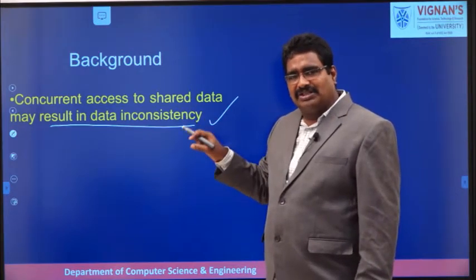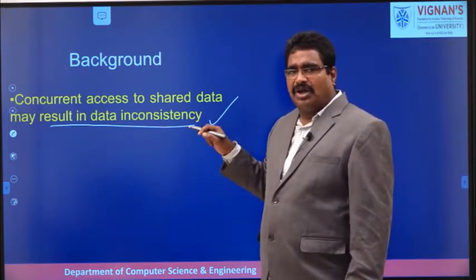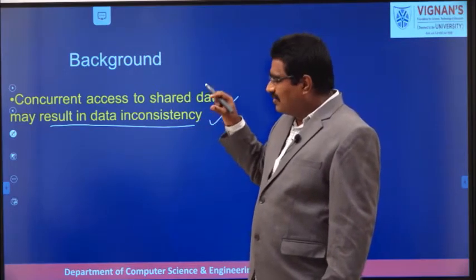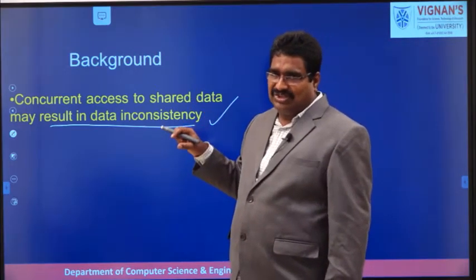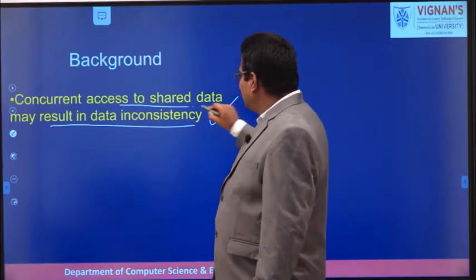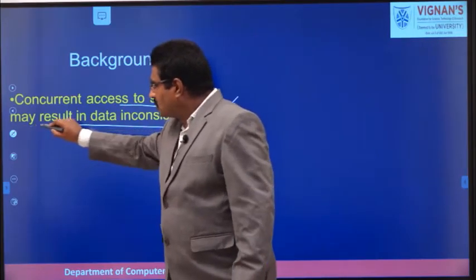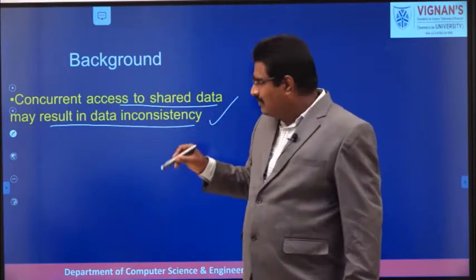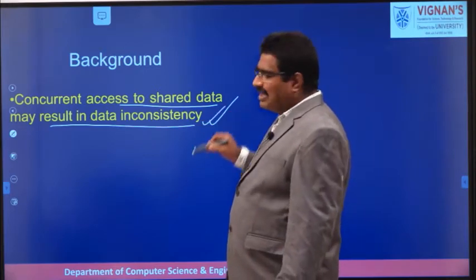These two processes are modifying the shared data, the Kumar balance. For that reason, the modification instructions are considered the critical section. So concurrent access to shared data by the P1 and P2 processes may parallelly access the Kumar balance at a time. It results in data inconsistency.